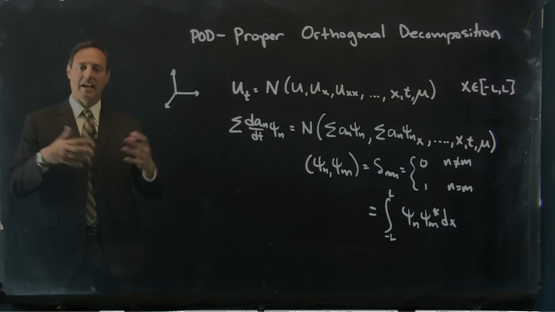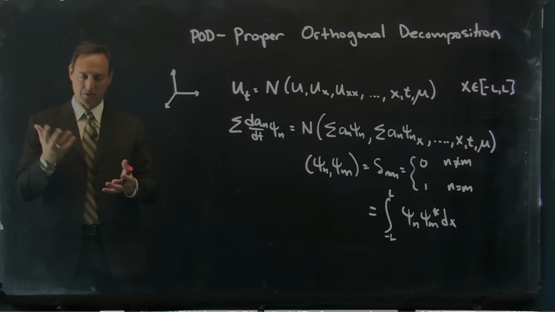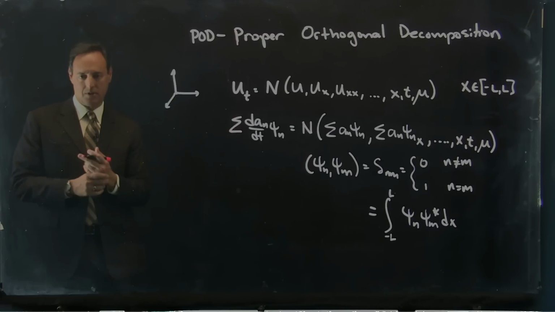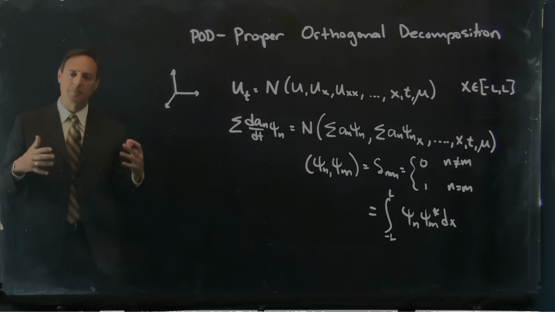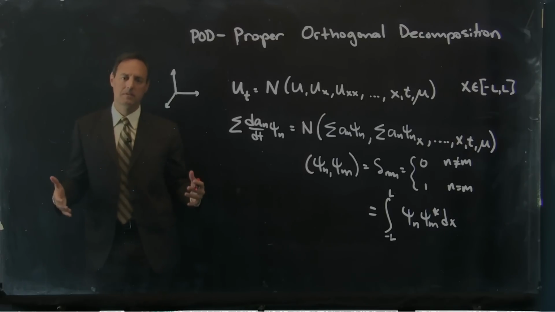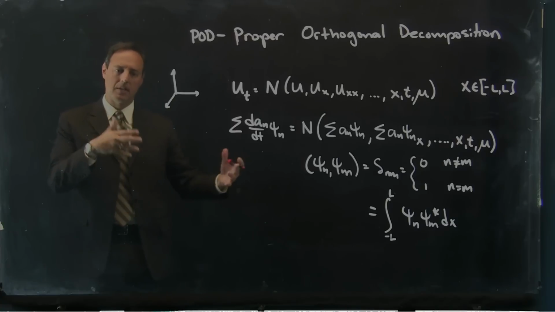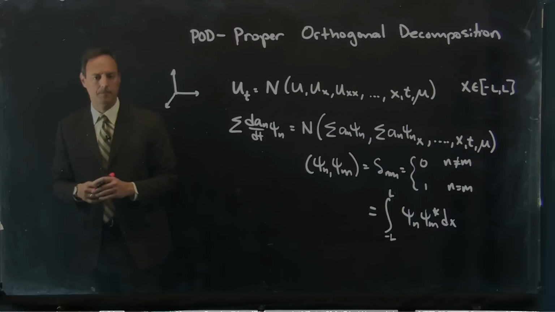But there's n directions in this function space that are orthogonal to each other, and this is the condition for that orthogonality. Okay, so it's no different than what we're typically used to from vector spaces, but now we're applying these things on function spaces, and this is a standard definition.